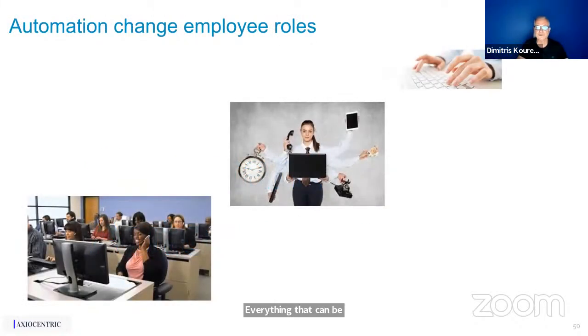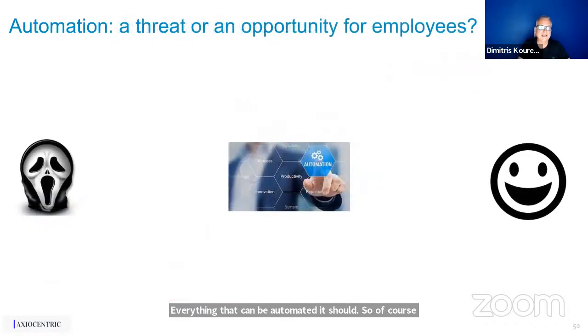So, of course, automation changes dramatically employee roles. We know that. And many employees and many managers hate it because they can see their role changing. And that's human, that makes sense.